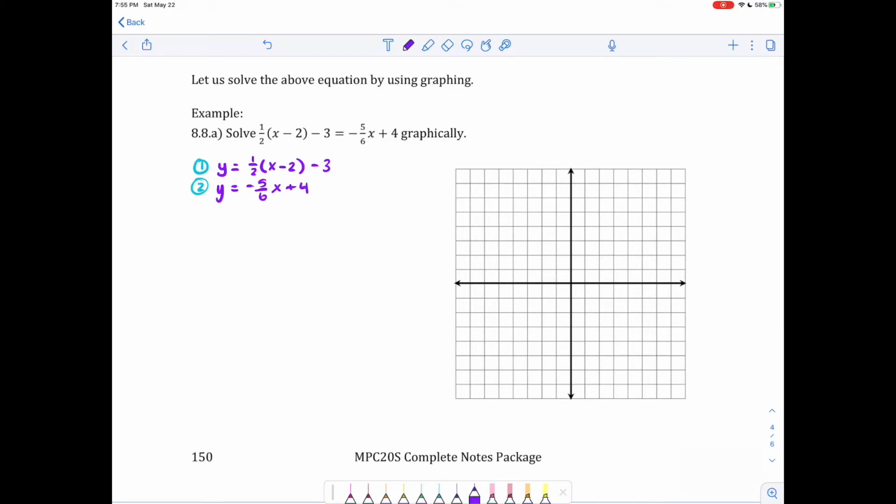Now we are going to graph each of these. As we graph them, it's super important that we make sure that we label our axes and we make sure that we indicate some sort of scale. So here I'm going to have x, here I'm going to have y, I have 1, and 1 is my scale there.